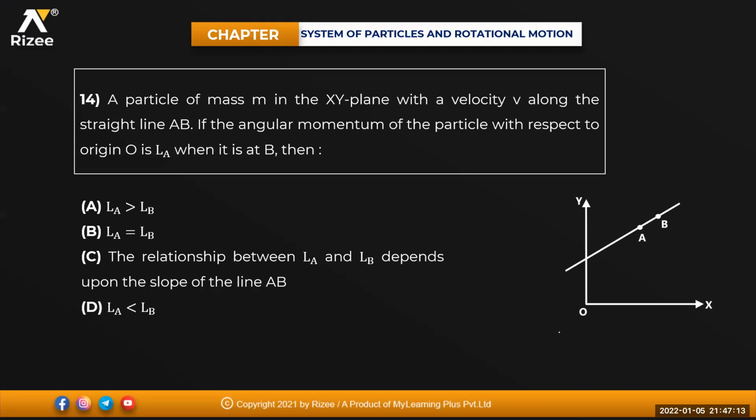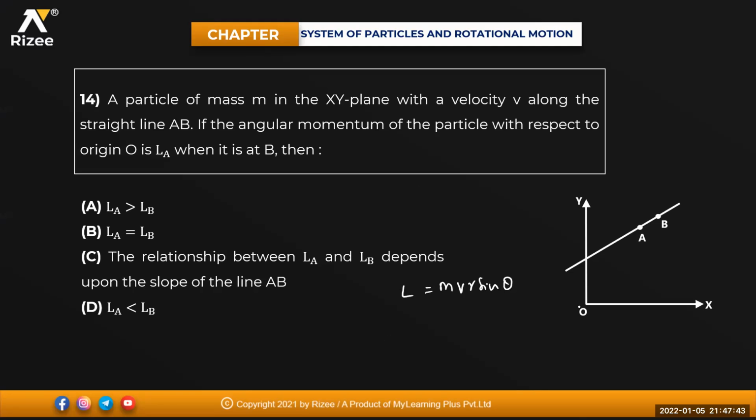Next one. A particle of mass m in the xy plane with a velocity v along the straight line AB. If angular momentum of the particle with respect to origin O is LA when it is at A, then angular momentum of A is greater than angular momentum of B? See, angular momentum is depending upon what? Perpendicular distance from the axis of rotation, isn't it? Because angular momentum L is equal to mvr into sine theta.